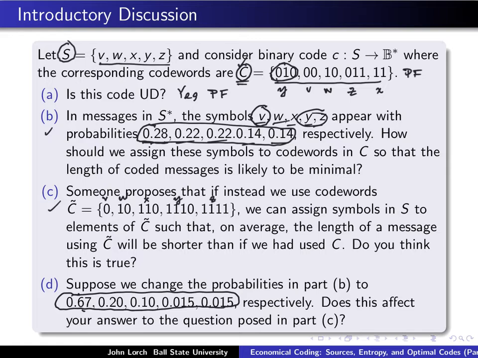Let's suppose that V occurs with probability 0.67, W with probability 0.20, X with probability 0.10, and Y and Z both occur with probability 0.015. That might change whether we decide to use C tilde or C in order to minimize, on average, the length of a message.